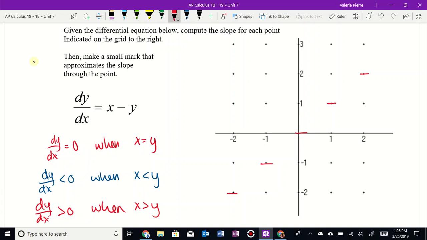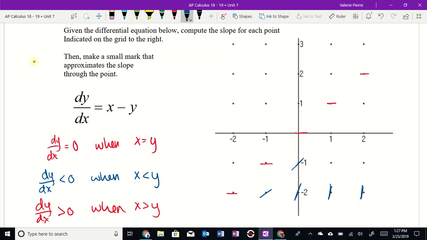So again, we can check some of these to see what the slopes will be. So at -1, -2, if I plug in -1, -2 into dy dx, I get a slope of +1. So I'm just going to sketch that. Okay, at 0, -2, I get a slope of +2, so I'm just going to sketch that a little bit steeper. And then it looks like the farther I go across, the steeper my line gets.